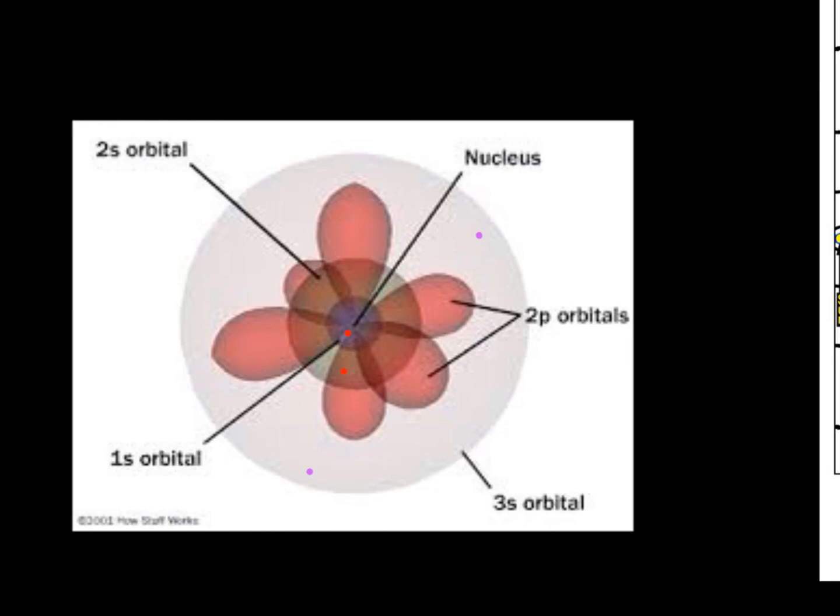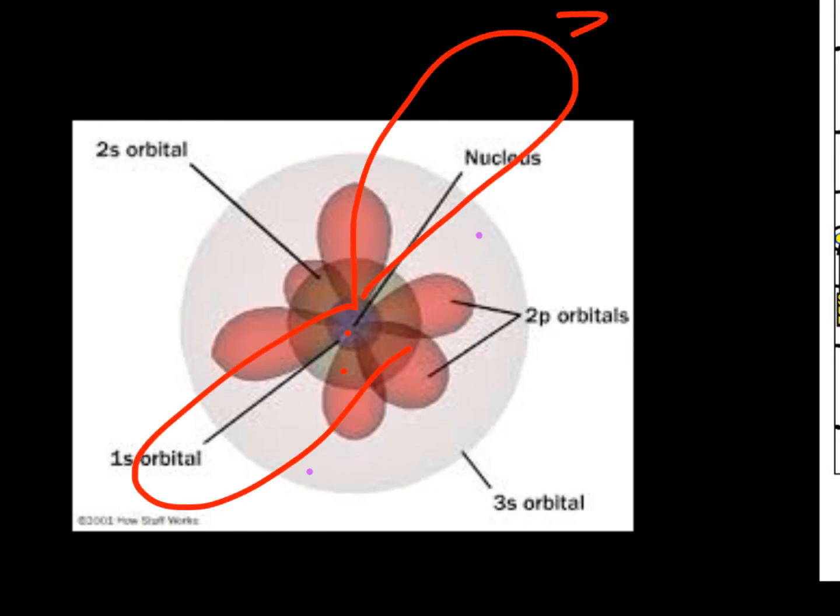If I was to add on my 3p out here, the other 3p's, this one and this one, they're not blocking each other. So right now I have 2 more protons in there, and yet nothing is hindering that proton pull anymore.